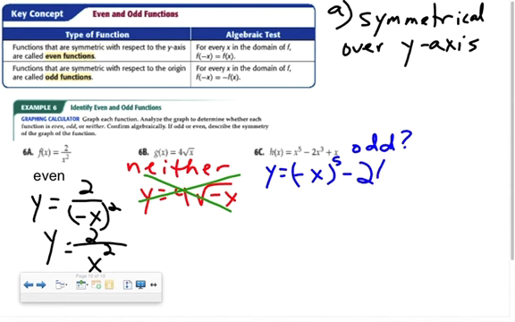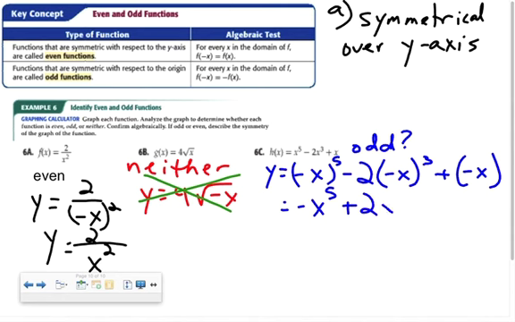Okay, so let's check that out. So when I take that negative x to the 5th power now, I have negative x to the 5th. When I take this negative x to the 3rd power, I have negative x to the 3rd being multiplied by negative 2, so that's plus 2x to the 3rd. And this is minus x.